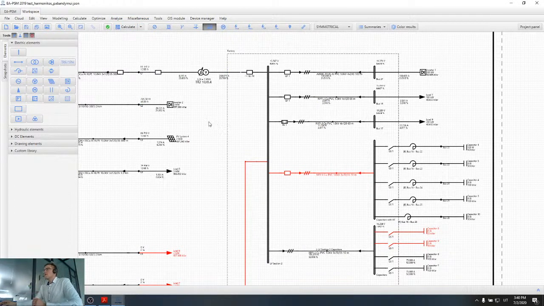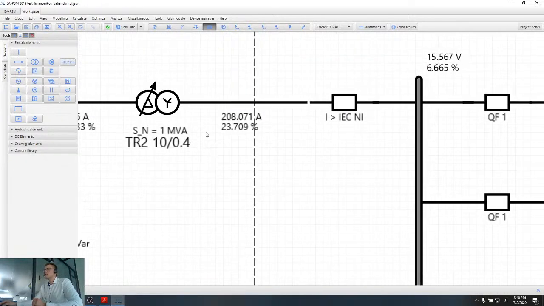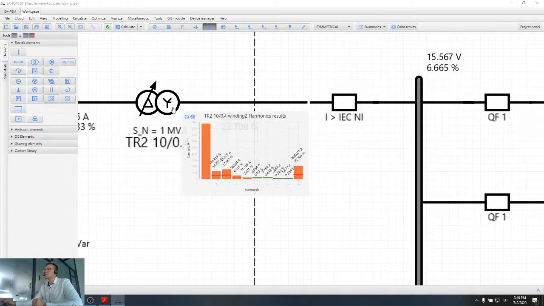After calculations are finished, I can see that I have quite a different view. When I move my mouse cursor on the transformer winding, I can see that now quite a few harmonics are exceeding the permissible limit, and those harmonics are the 5th, 7th, and also 11th harmonic.